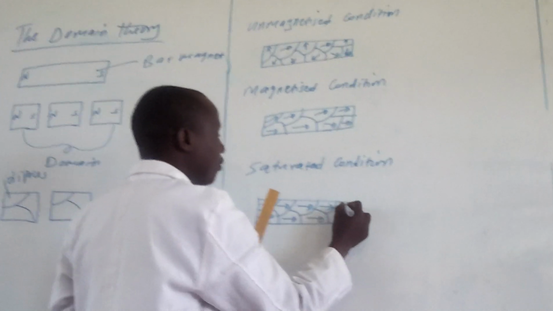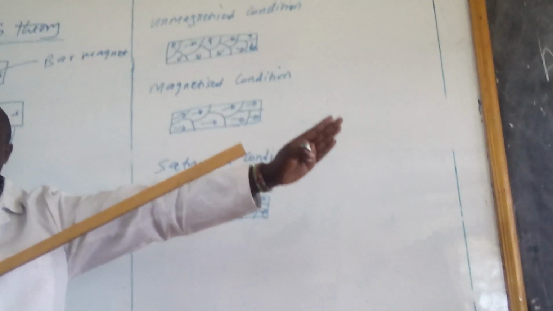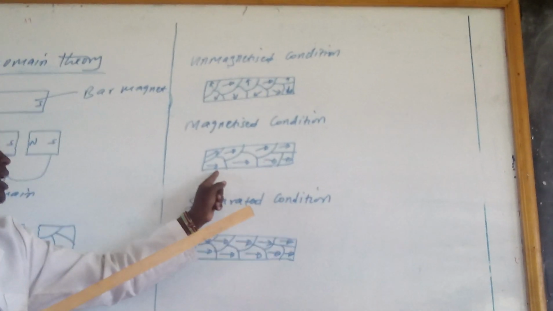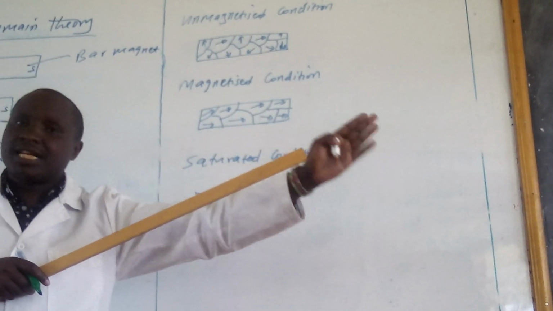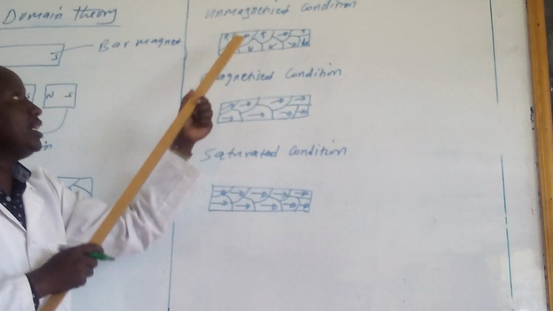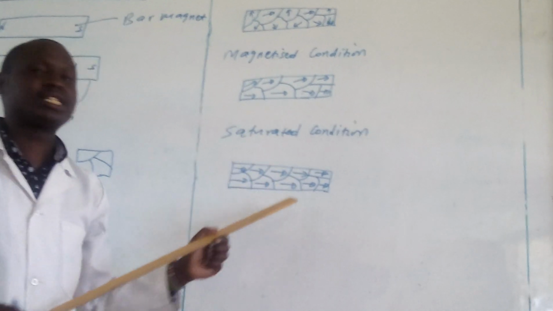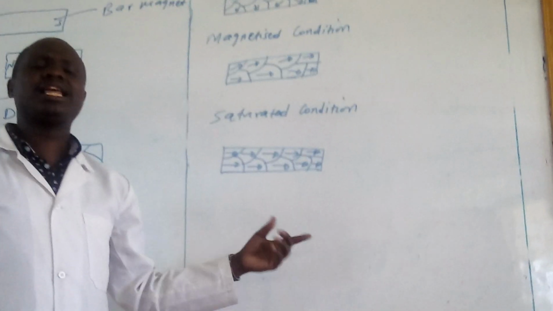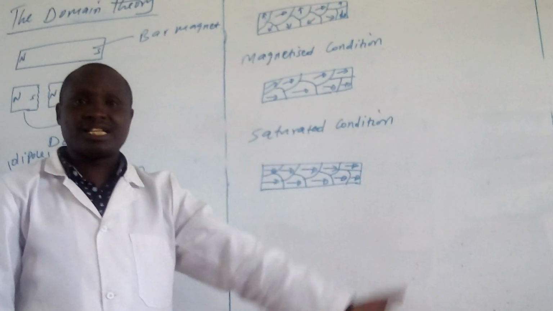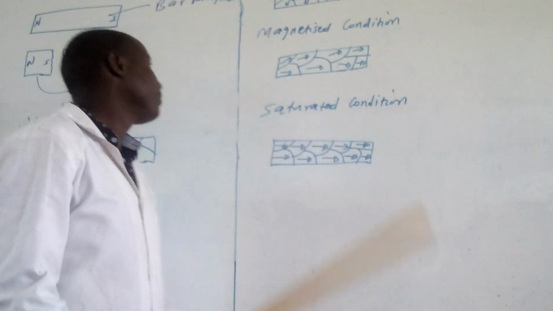All of them face in the same direction, all aligned to one direction. In the magnetized condition, this one is facing in one direction, but it is not aligned strictly to one direction. This one is magnetized, and this one is a saturated condition. That means in a saturated condition, there is no further magnetization. All of them are fully magnetized, and they are facing in one direction.